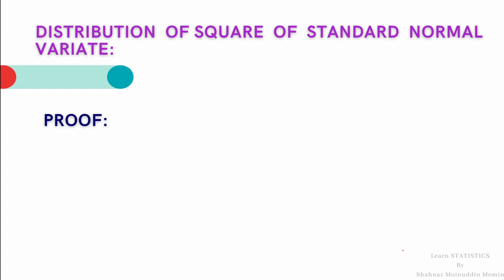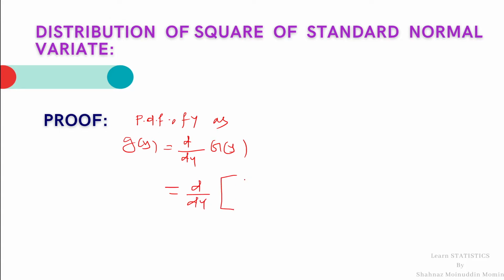By differentiating equation 1 with respect to y, we get PDF of y as gy is equal to d upon dy of capital Gy. By differentiating, we get on the right side d by dy of f of under root y minus f of minus under root y.